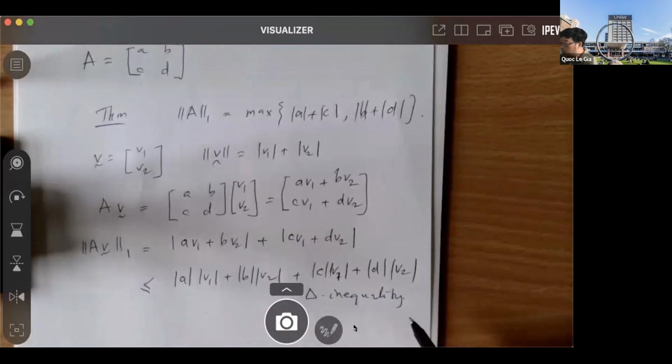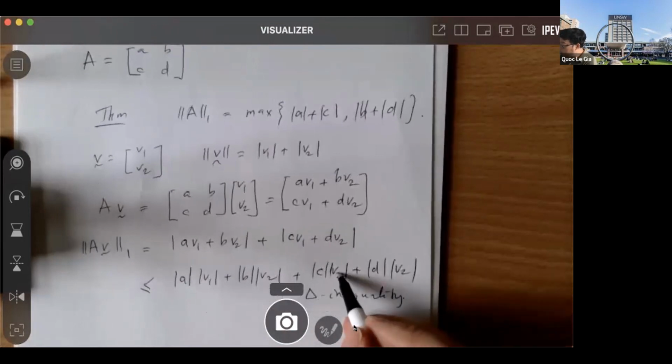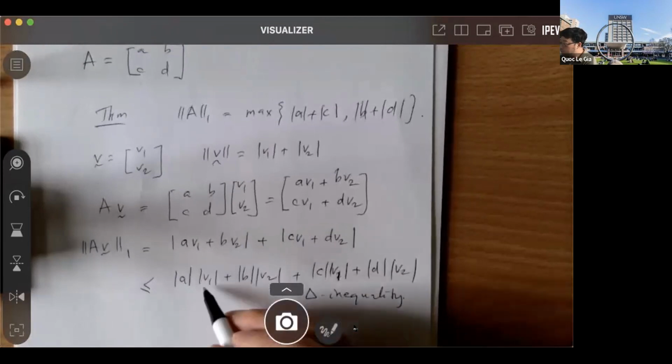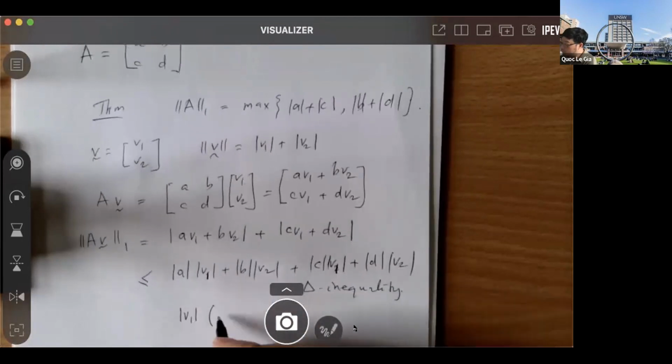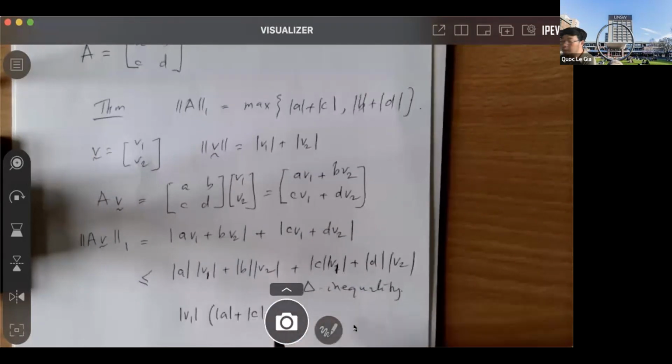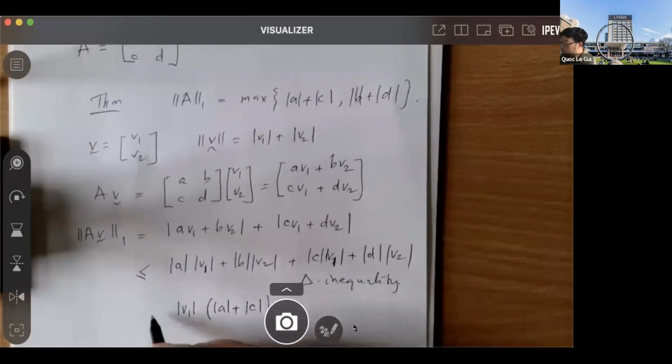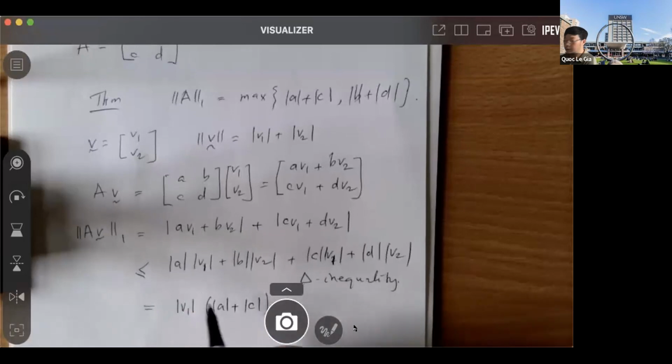So now let me do one more thing. V1 is a common term here. So if I take V1 as the common term, then I got the absolute value of A plus the absolute value of C. So this is still equal, from here to here.